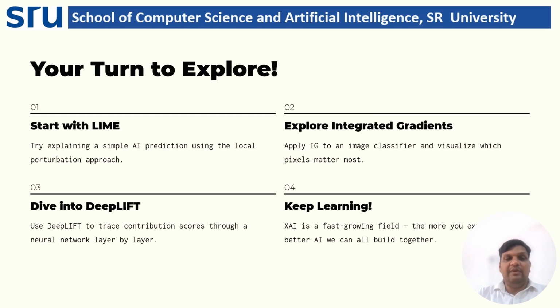Dive into DeepLIFT: use DeepLIFT to trace contribution scores through a neural network layer by layer. Therefore, keep learning explainable AI, which is a fast growing field. That's all. Thank you.